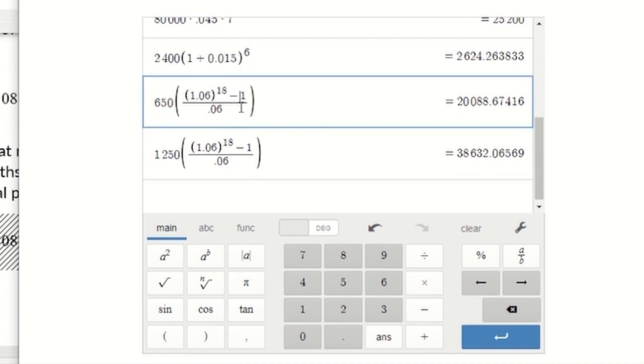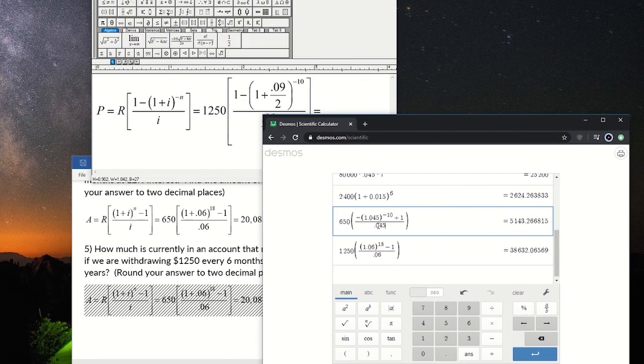Move things around by actually changing this to plus and changing this to minus. And 1.1. Well, 0.09 divided by 2 is 0.045. So I'll just cheat. 1.045 with a negative 10. Kind of cheating here. So what goes down here? 0.045. Alright, so that'll work. If I press enter here, it should give me the answer.